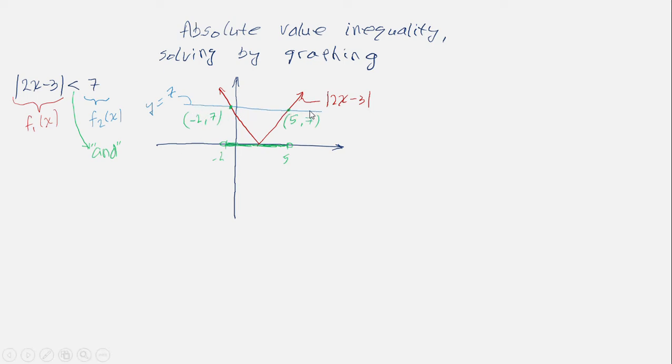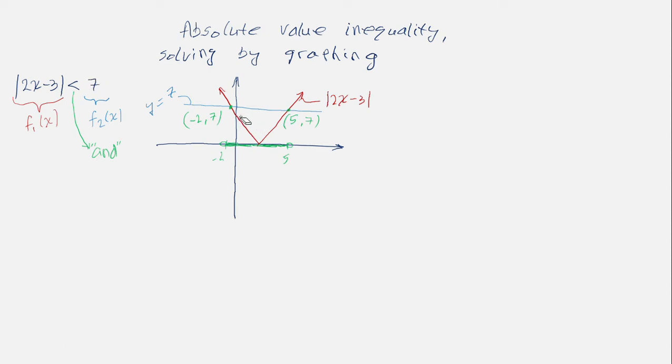So it's telling us that this red absolute value graph is less than 7. Less than graphically means it's below. So what we need to do is figure out for which x values the absolute value graph is below the graph of y equals 7.